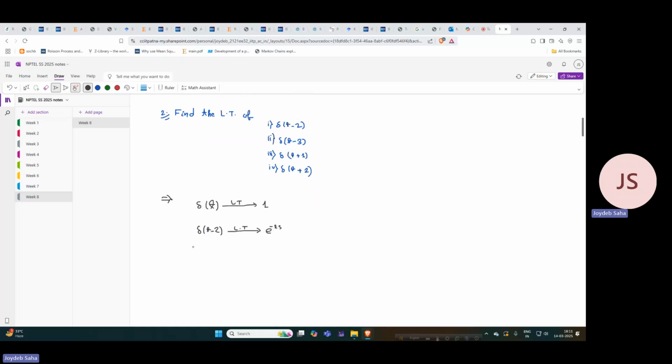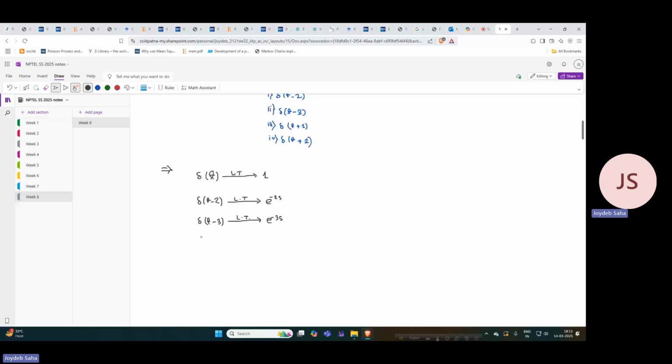Similarly, if we have delta t minus 3, its Laplace transform will be e to the power minus 3s, right?